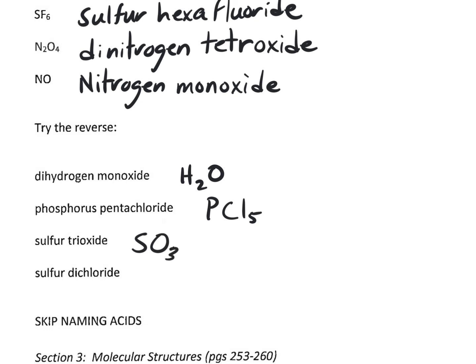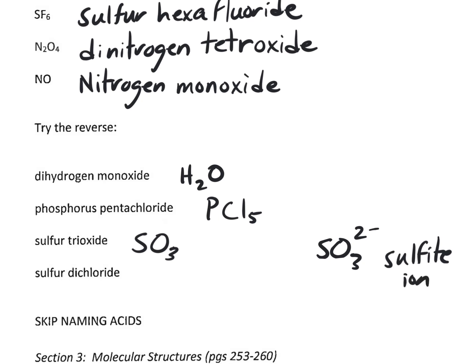SO3. All right, guys, now I really need your attention because by now you're thinking, oh, this is simple. That's easy. No problem. And you're right. It is easy. But what if we were to write the formula for the sulfite ion? Sulfite ion is SO3, 2 minus charge.